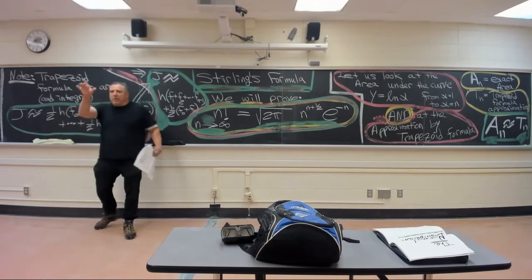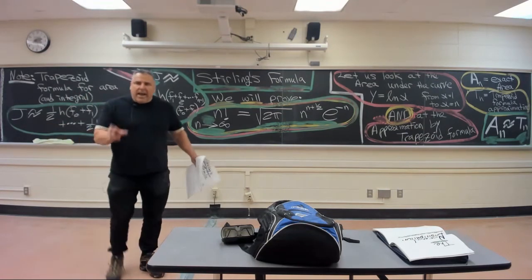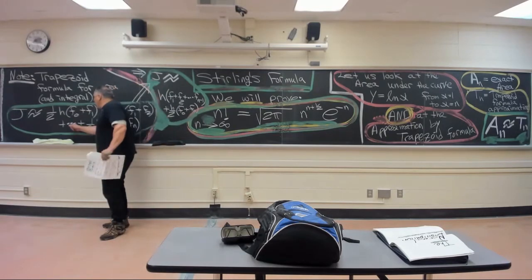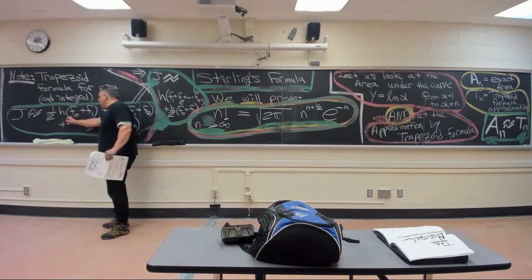Let's have bars that are h wide, small h wide, and you're going to go from f sub 0, the function at a point, and then h units away, you'll have a functional value equal to f sub 1. The value of the function at a particular point x sub 0 is f sub 0.